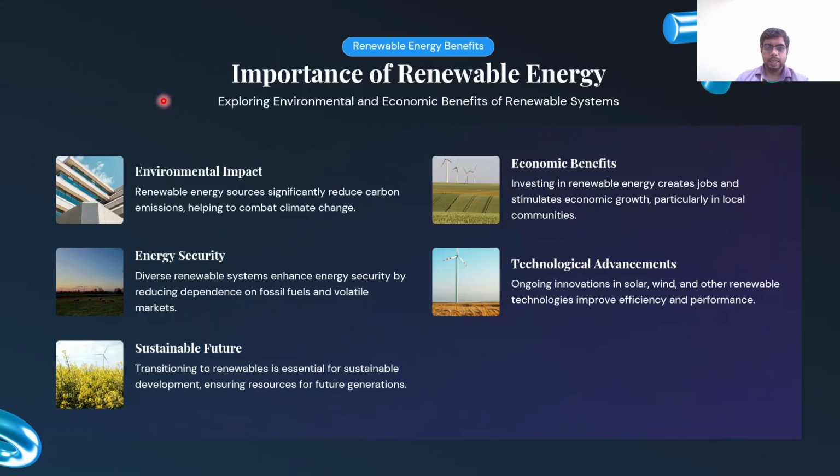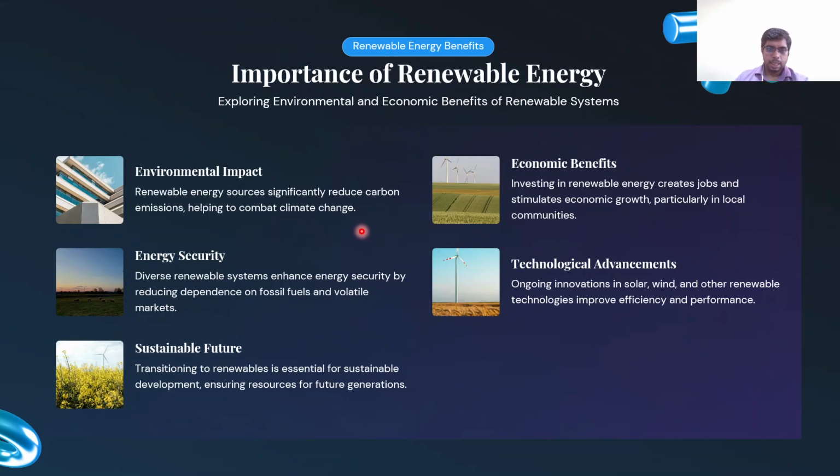So why is renewable energy important, right? The renewable energy significantly reduces the carbon emission, and it helps to combat climate change. So that's why people are demanding more and more renewable energy compared to the traditional energy sources such as coal and natural gas and so on.